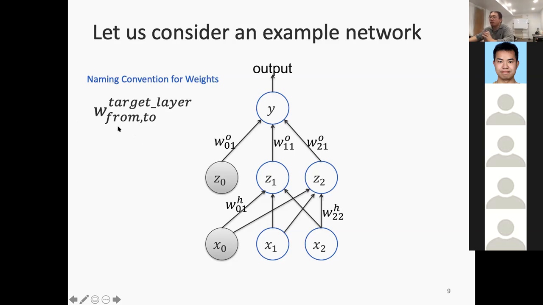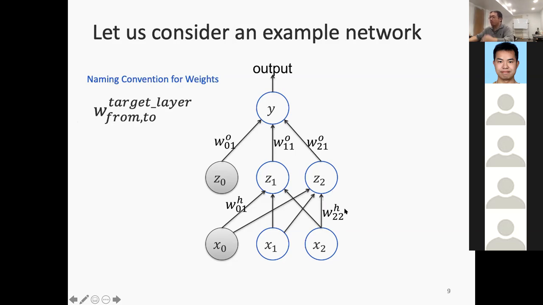For the subscript, we use 2 indices, which represent where the edge comes from and where the destination is. Take this weight as an example.